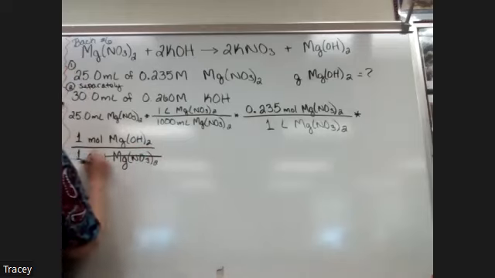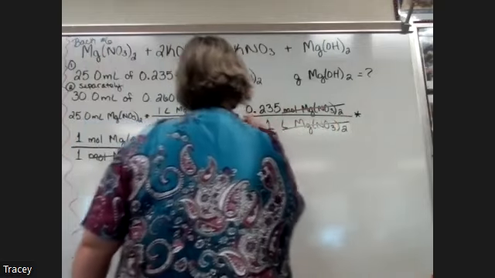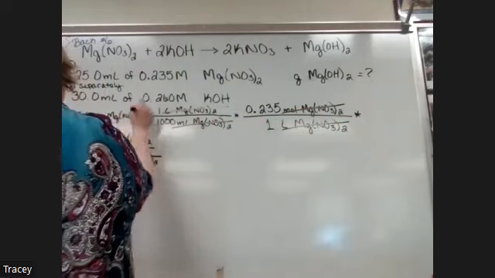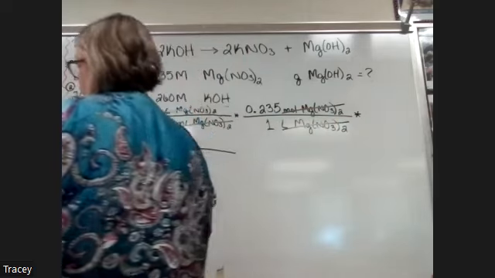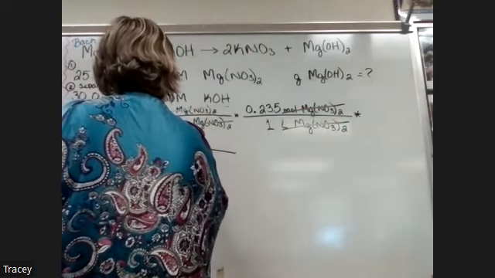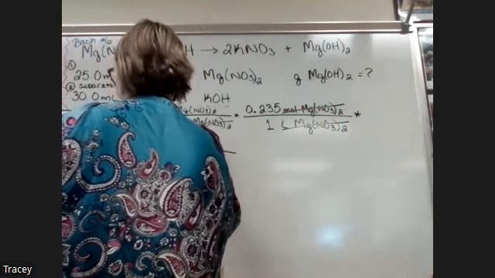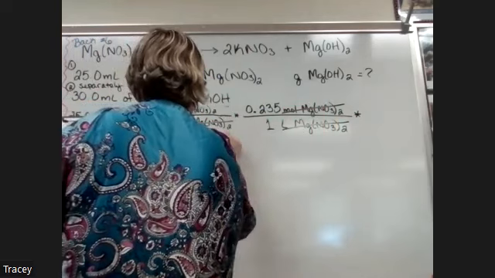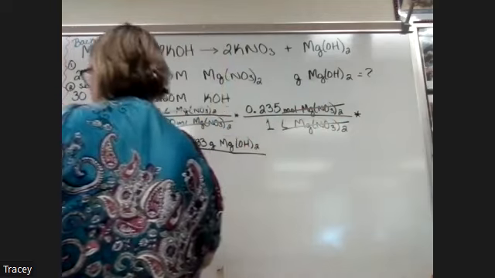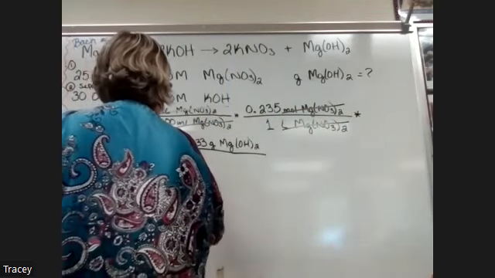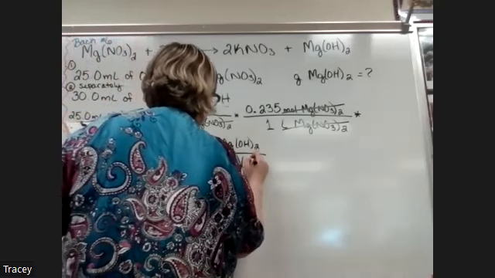And this last step is what we're used to. Let me show my cancellation. So the last step is using the molar mass of the Mg(OH)2. So 58.33 grams of Mg(OH)2 is the molar mass over 1 mole Mg(OH)2.